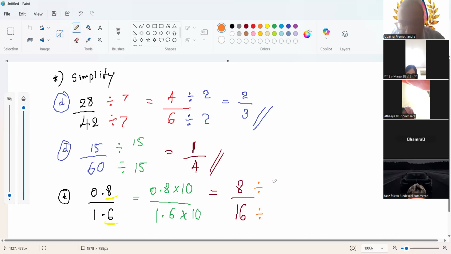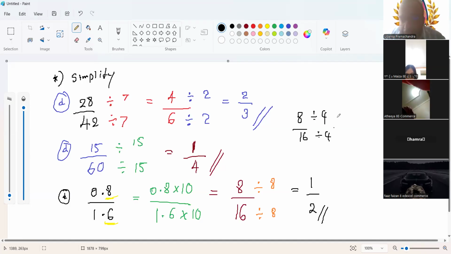Both can be divided by 8. Clear? Or if you want, you can divide by 4. If you divide 8 over 16 by 4, it's 2 over 4.